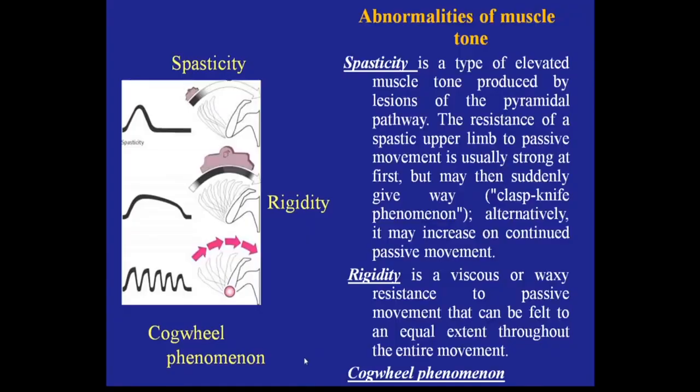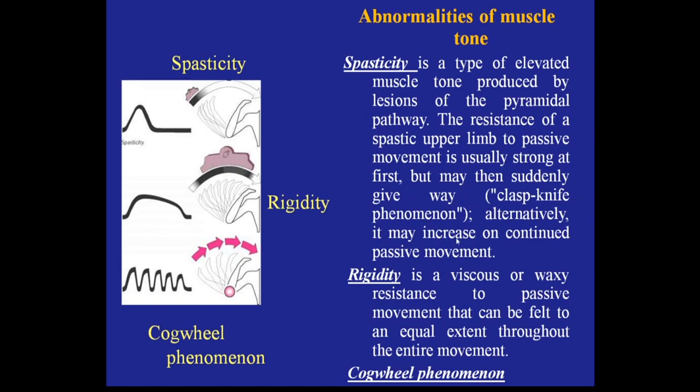So, I want to compare on this slide different modalities of hypertonicity. You are to distinguish them. In case of spasticity, a type of elevated muscle tone produced by lesion of the pyramidal pathway, the resistance of a spastic upper limb to passive movement is usually strong at first, but may then suddenly give way: clasp knife phenomenon.